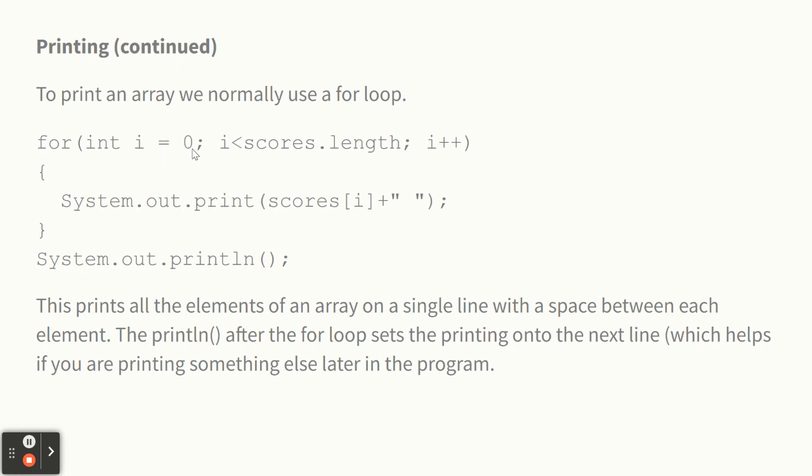So we do a for loop, int i equals 0, and as long as i is less than the length of scores, we keep going up and we print scores, square bracket i. And you could say scores at i is a way to say that out loud. And then we're printing this blank line at the end just because all those other scores were going onto one line. And then it's good form to put a blank line at the end in case you print something else.